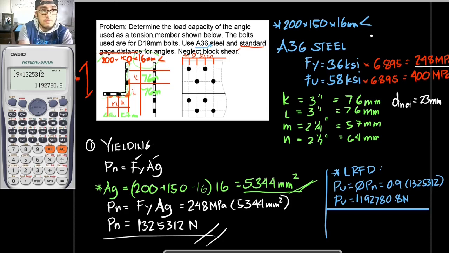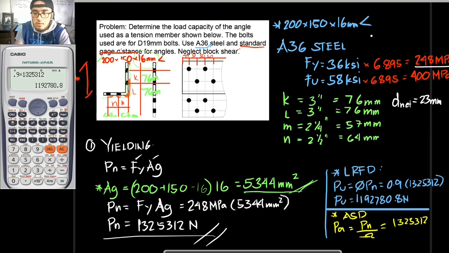And as for the ASD, our allowable strength is equal to Pn divided by omega, where omega is equal to 1.67. So this is equal to 1,325,312 divided by 1.67.